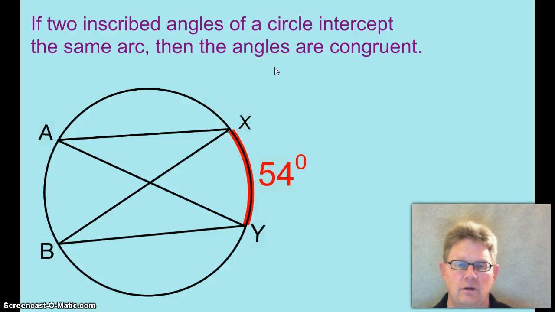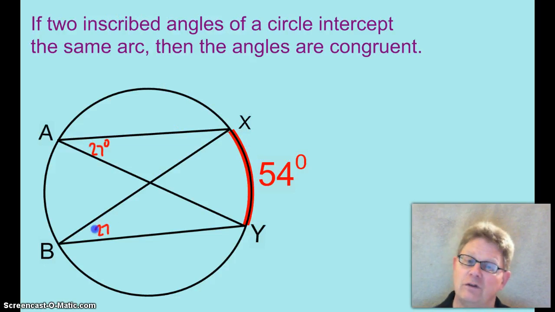And that makes sense because angle A is half of 54, that would make that 27 degrees, and B is half of 54, that would make that 27 degrees. So they have to be congruent to each other.